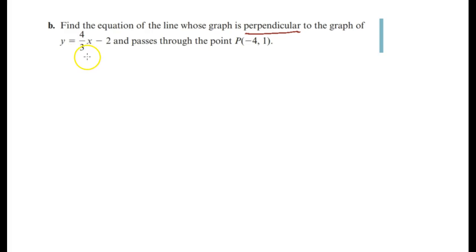Okay, so what we notice is that there's a slope that connects the equation we're trying to find with the equation that it's perpendicular to. And the slope, as you remember with parallel lines, tells us that it has the same slope. With perpendicular, we have the negative reciprocal.